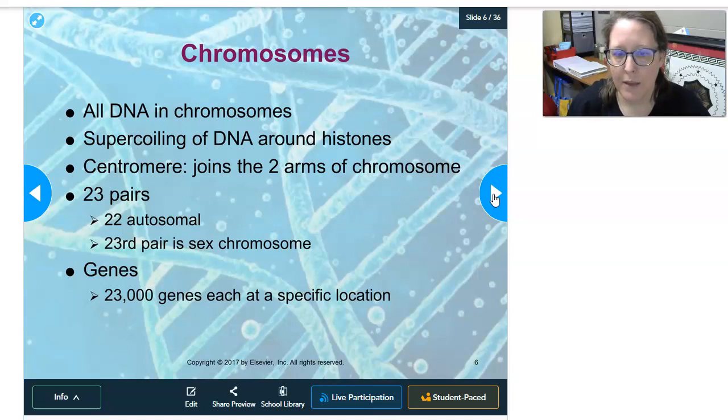Genes: the human genome has 23,000 genes, and they each have a specific location on the chromosomes. Some genes may be located on chromosome 1, while another may be located on chromosome 2.